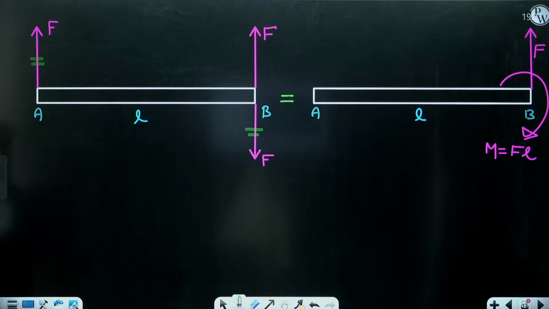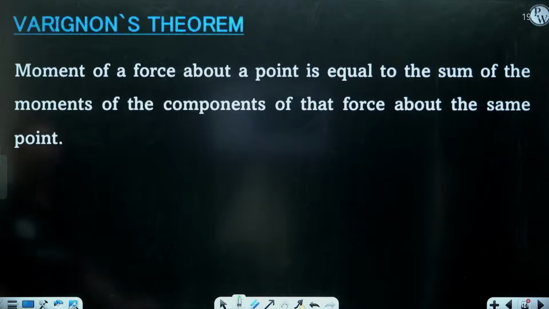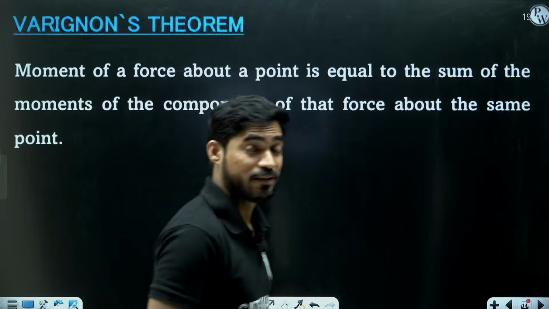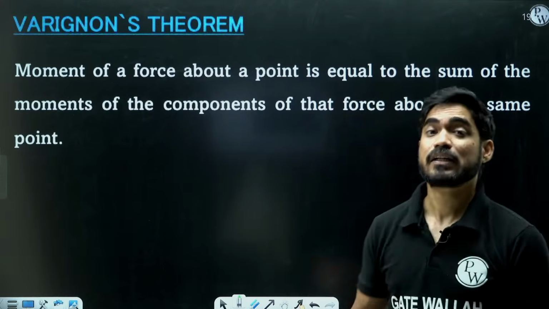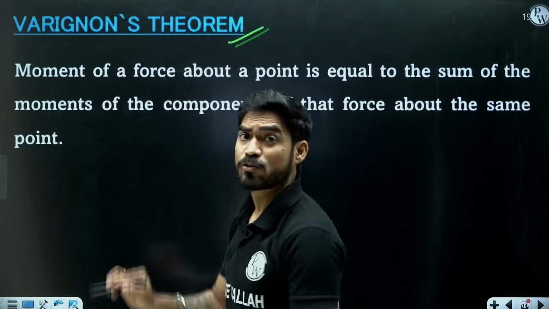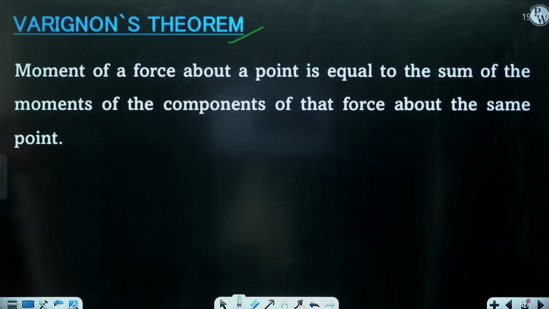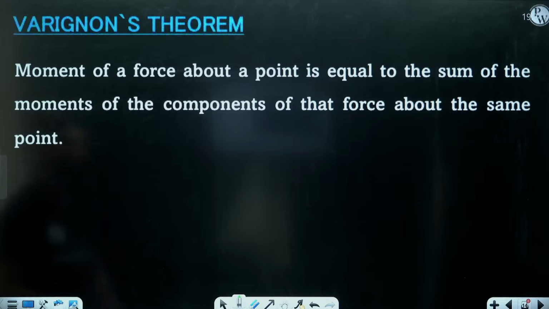Interesting concept, isn't it? Now let's move on to another very important concept related to moment, which is known as Varignon's theorem. We are going to use this concept a lot in the calculation of the moment.